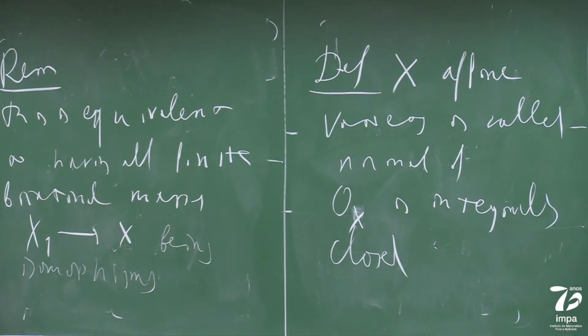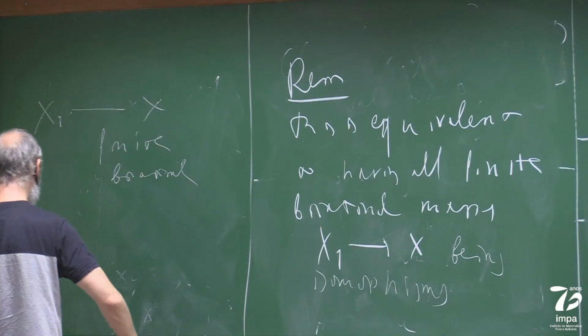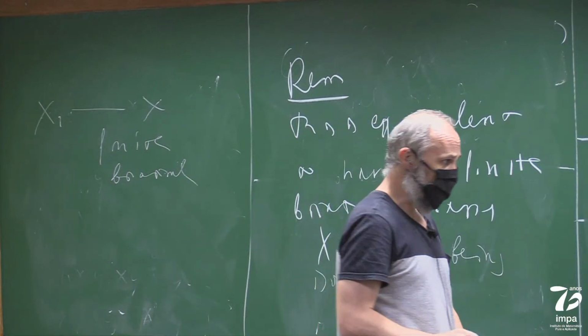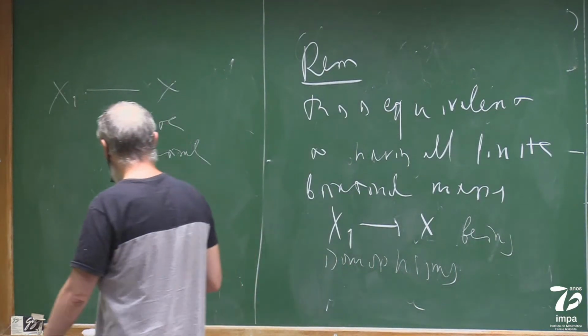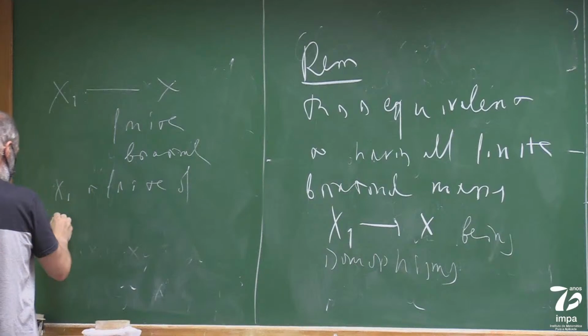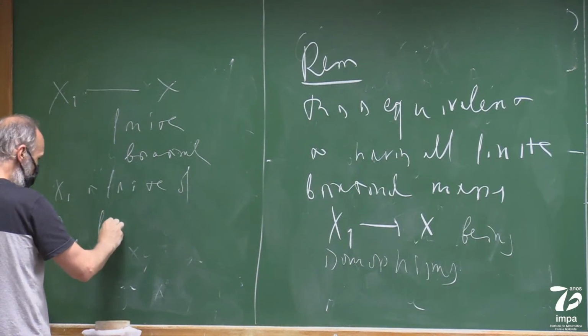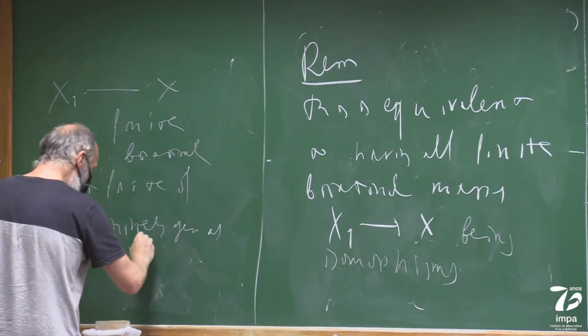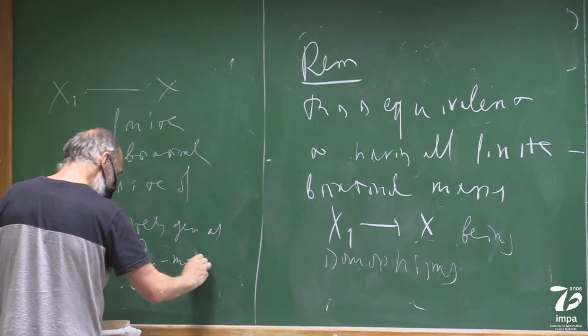if you have a finite birational map x1 to x, finite means, I think I gave this definition last time, that x1 is finite if O_x1 is finitely generated as an O_x module.